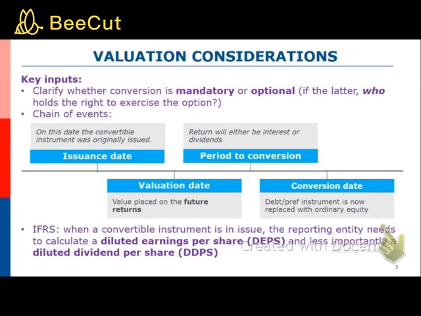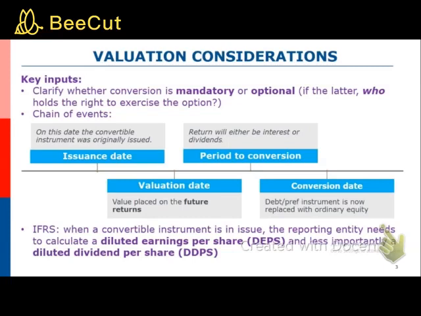Now, on that score, as I said at the bottom of that slide, please take note that from a corporate finance perspective, IFRS says where you have a convertible instrument in issue, the issuer has to, in their financial reports, not only disclose a basic and a headline earnings figure per share, but also calculate and disclose a diluted earnings per share. And from that, we can also determine a diluted dividend per share.